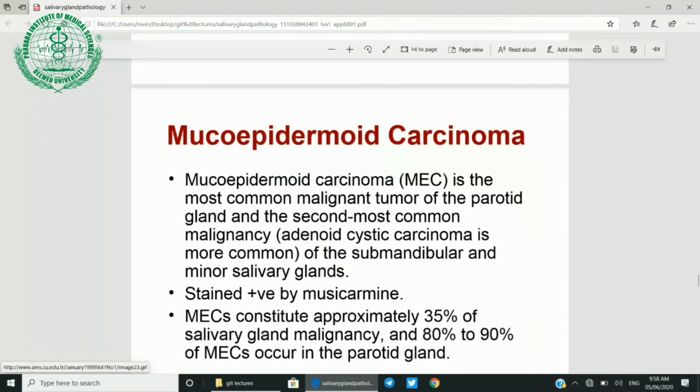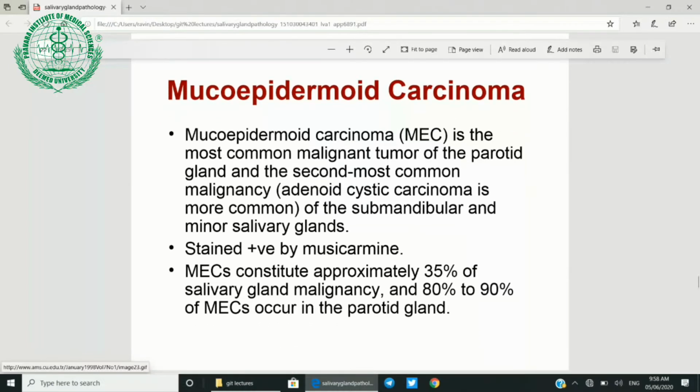We classify salivary glands into major salivary and minor salivary. When we talk of major salivary glands, mucoepidermoid is the most common malignancy, and when we talk of minor salivary glands, it is second. The number one here is taken up by the adenoid cystic carcinoma.